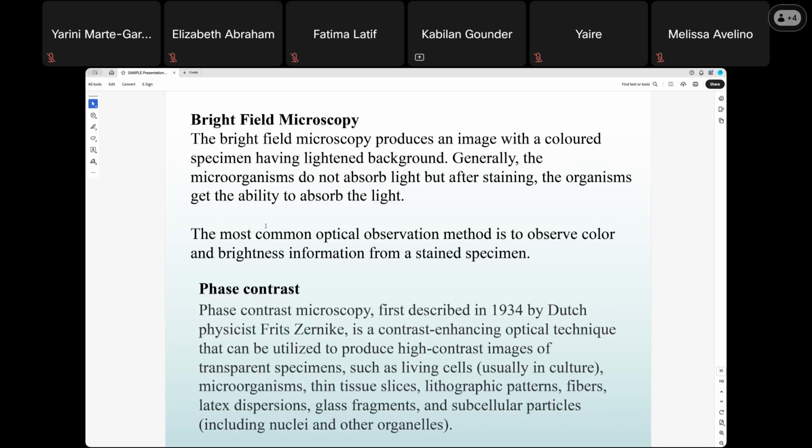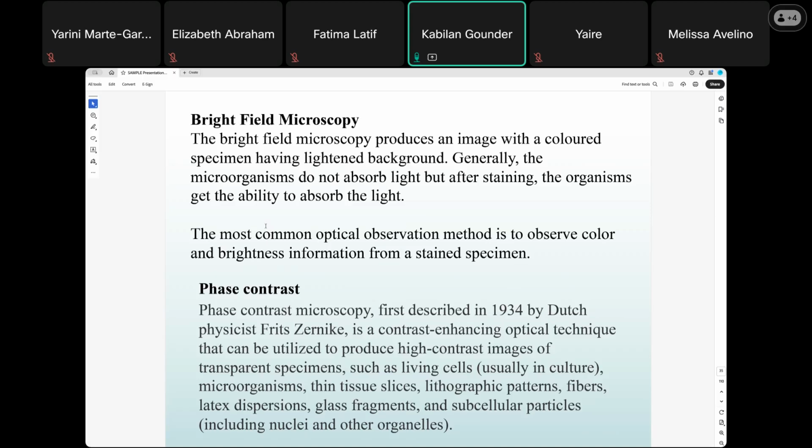The bright field is a very common type of microscope. Any fungal, bacterial, or tissue samples you can process, and most of them are colorless. So when you stain with hematoxylin and eosin and use this type of microscope, you can see a colored image. That is the advantage of the bright field microscope.